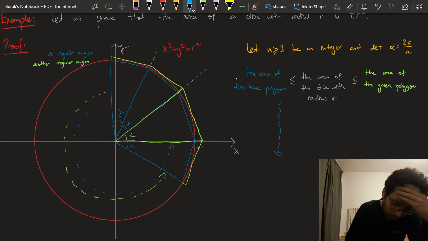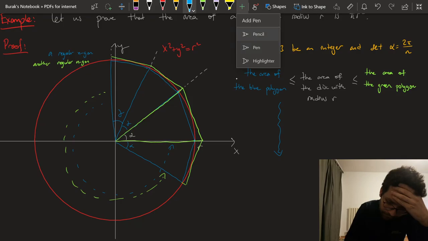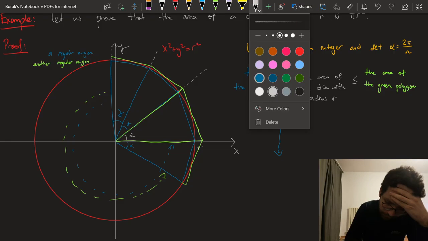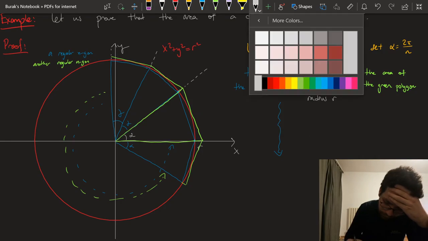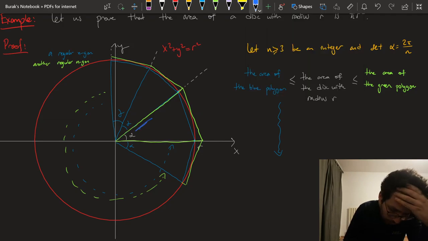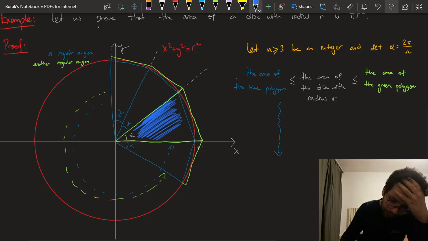Let's pick this color. What is the area of this blue triangle?